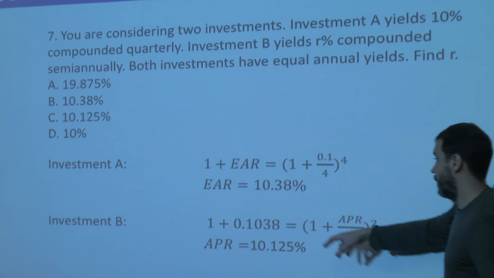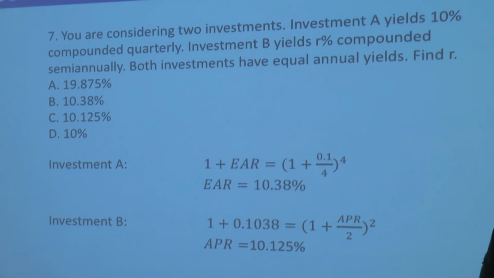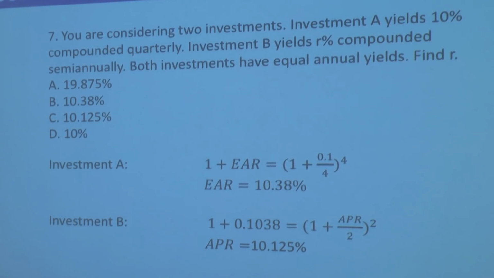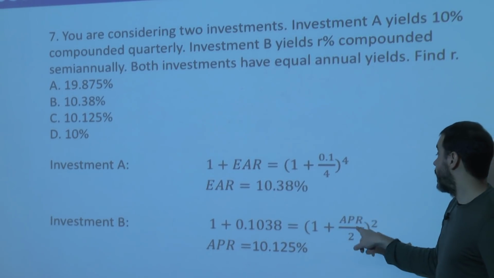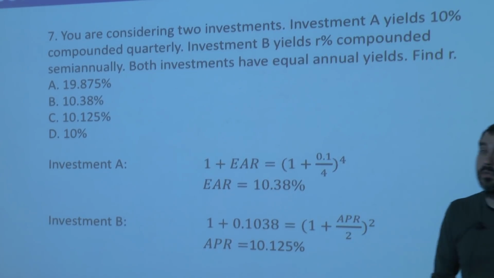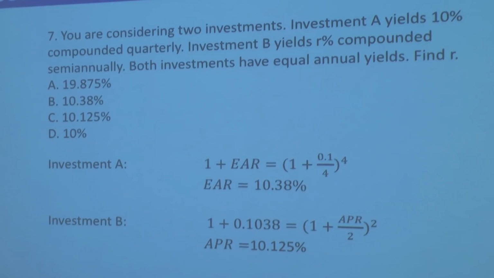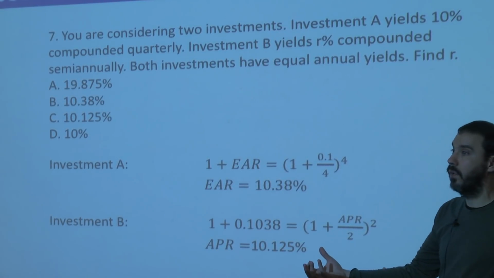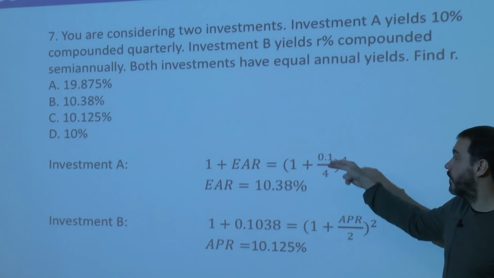We were told that they had to have the same effective rate. So this is basically telling you 10% compounded quarterly is the same as 10.125% compounded semi-annually in terms of what you actually see at the end of the year in your bank account if you had deposited $100 in both of them.